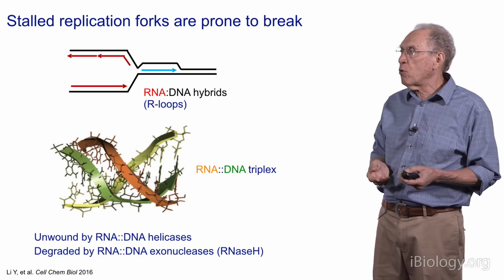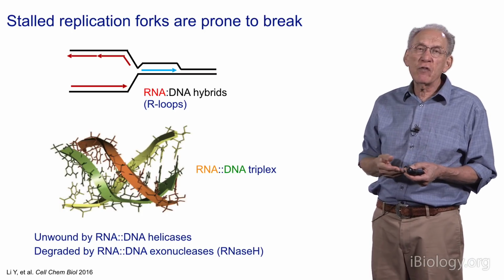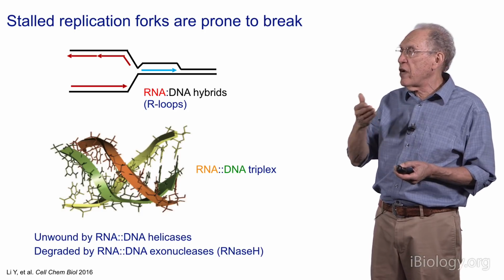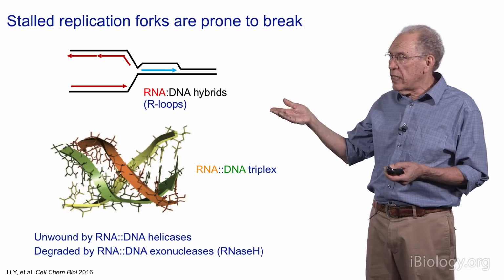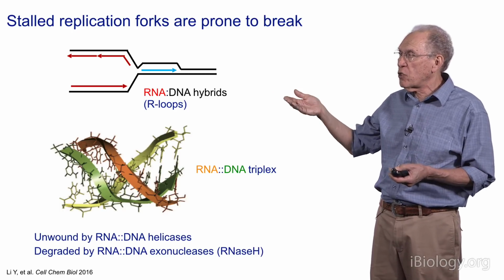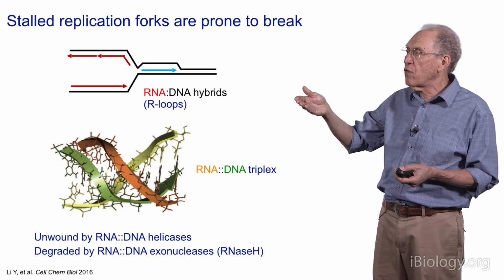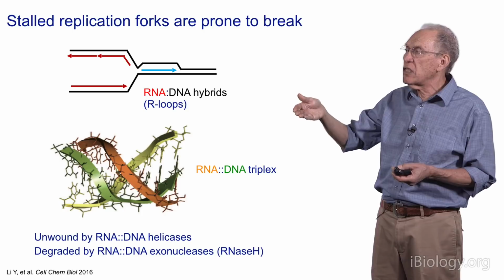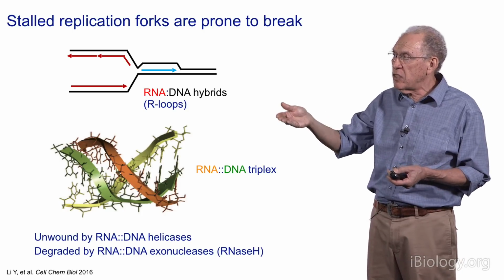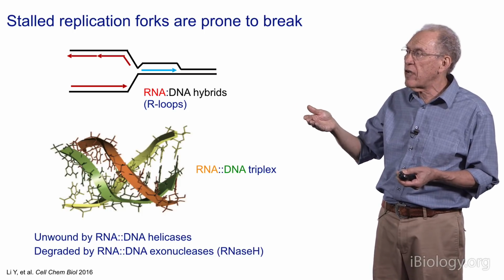And another example, which has become appreciated much more recently, is the formation of what are known as RNA-DNA hybrids, or R-loops, where transcripts of DNA, which ought to be liberated during the process of transcription so they can go off and be messenger RNA or other kinds of RNA, remain stably base paired to the template from which they were derived, and that these turn out also to be severe blocks for replication fork progression.